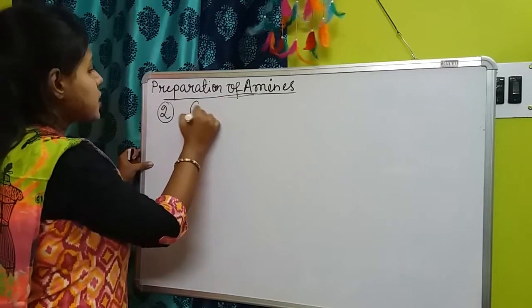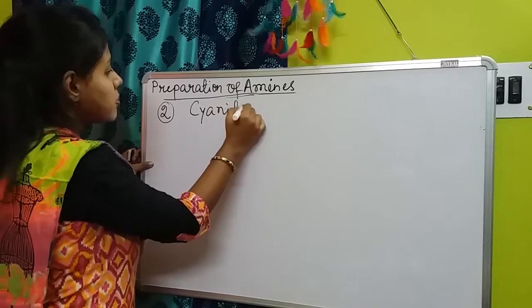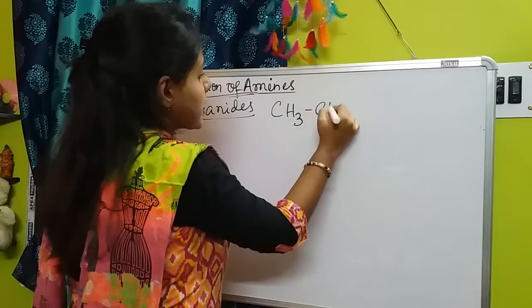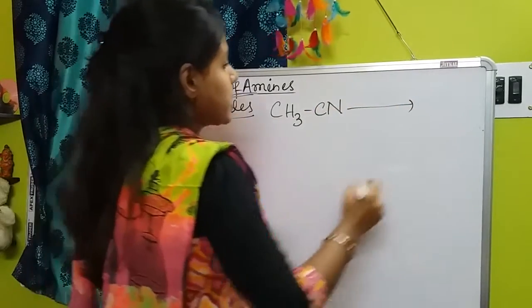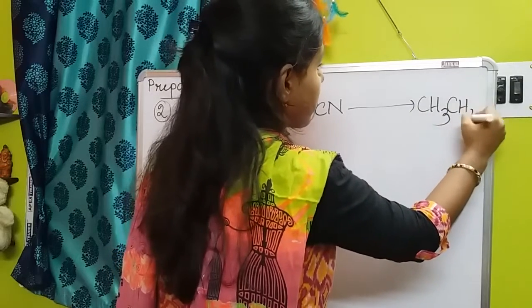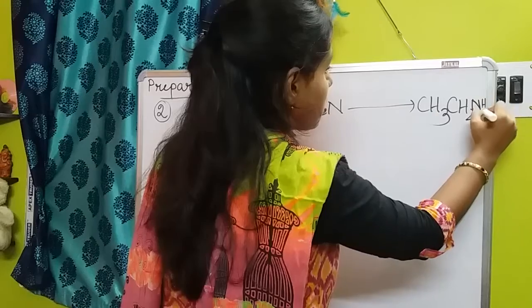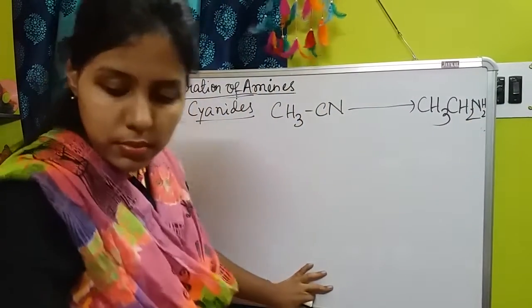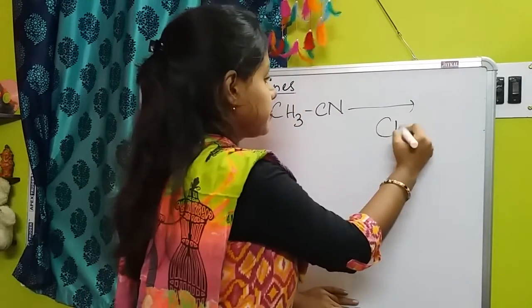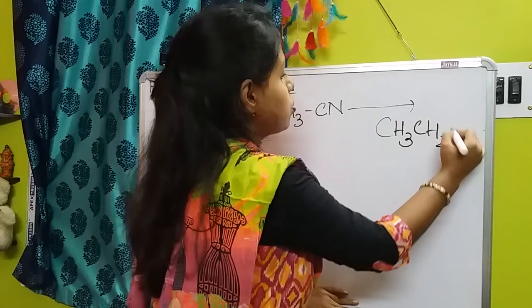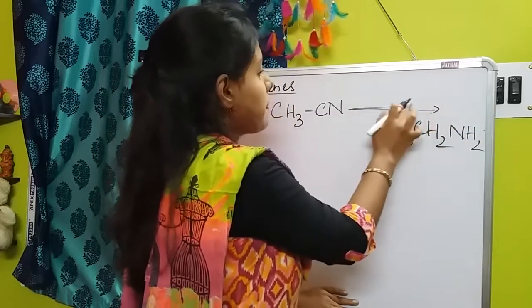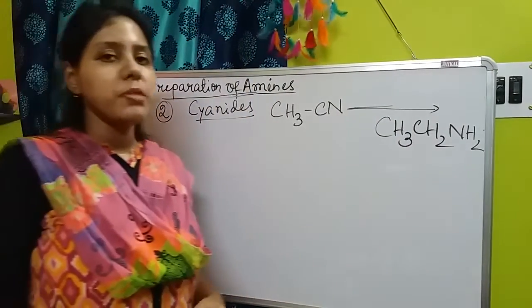So number 2, starting from cyanides like CH3CN, we want to convert it into CH3CH2NH2. Writing it below: CH3CH2NH2. We want to get this compound starting from this compound.